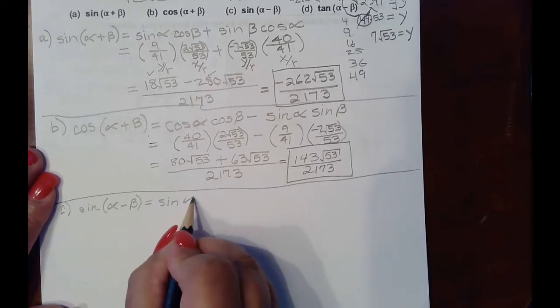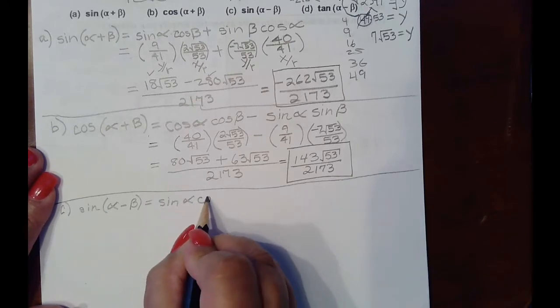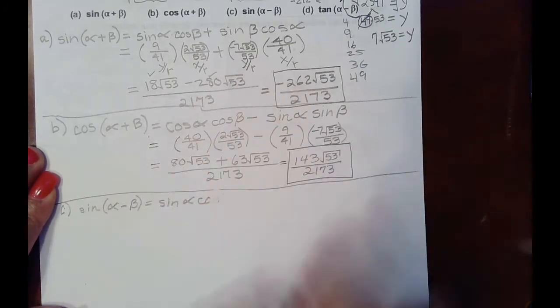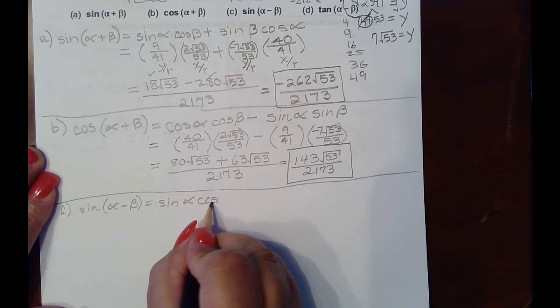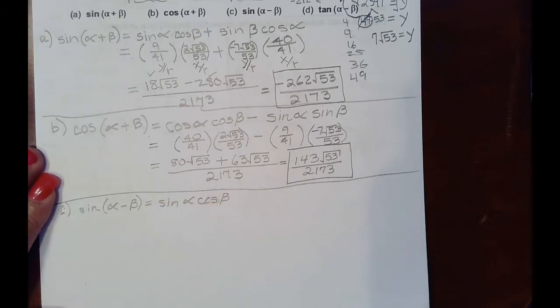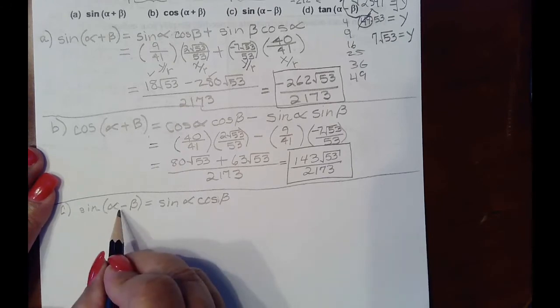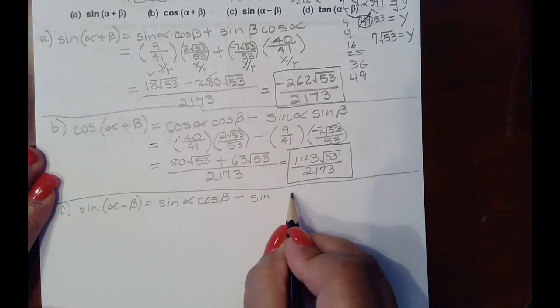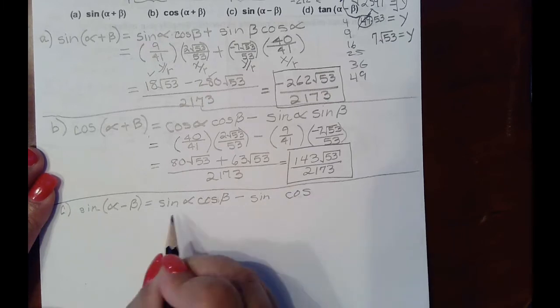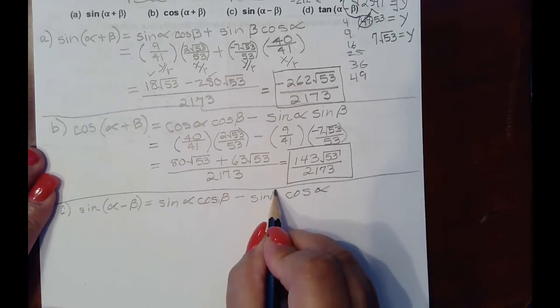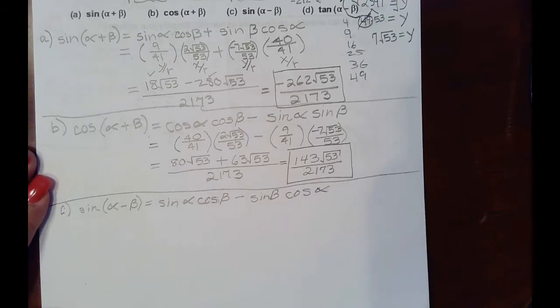So it's sine of alpha times cosine of beta. And you keep the same sign in the expansion. So if there's a minus sign here, there's a minus sign here, then another sine cosine product, only switch the angles. Alpha was with sine, now it's with cosine, and beta goes over with sine now.